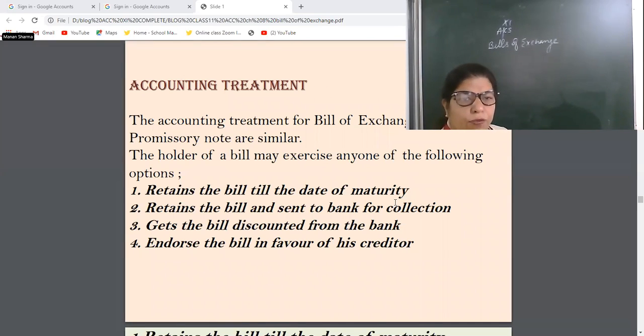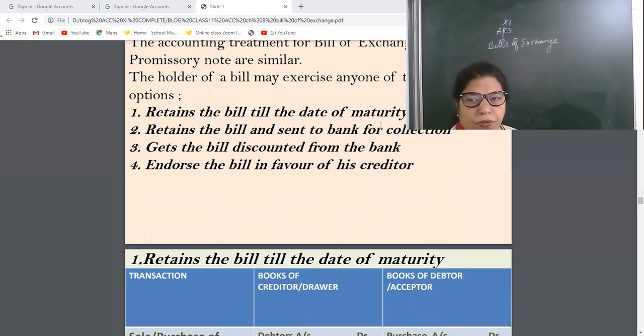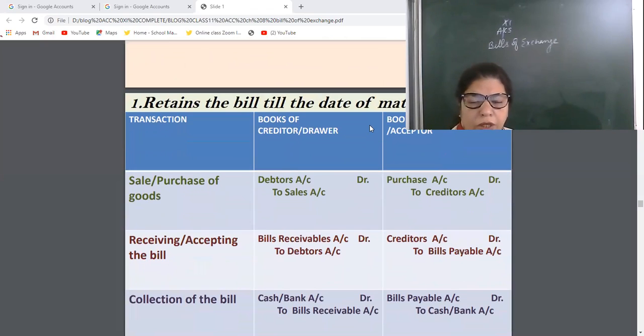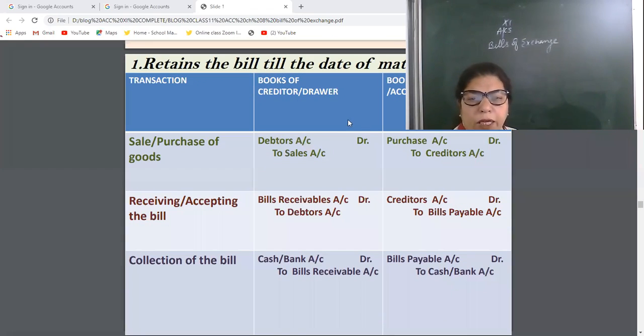So there are 4 situations for payment. Now, please note down one by one. In place of debtor and creditor, we have to write the name of the person. As I told you, in place of A and B, that may be X, Y, or some other person's names, as we have done Kaju and Aju.